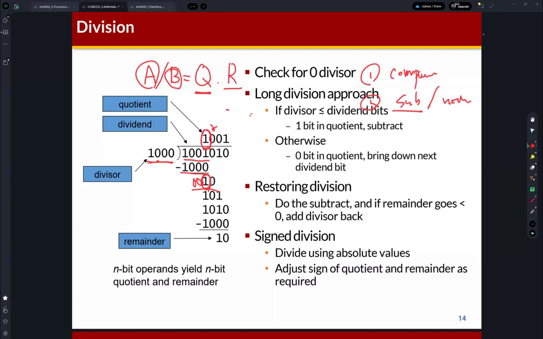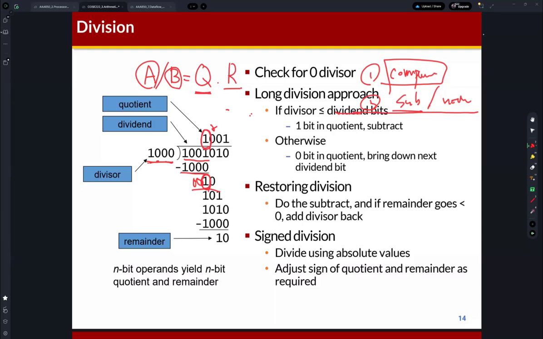Conditional operation is required, right? Multiplication is different. We can just generate a partial product, there's no condition. We can just generate a partial product like 10001 or 0000. But in division, we first compare the value, and then based on the comparison result, we perform subtraction or nothing.